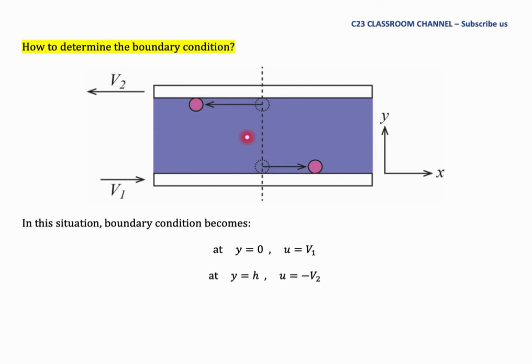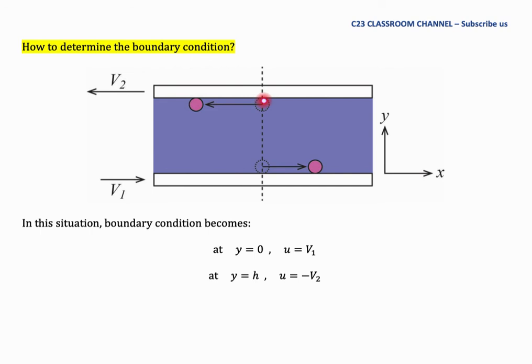So the boundary condition means we list out the conditions that occur at the boundary of the fluid. In this situation, the boundary of the fluid is at the bottom plate here and also at the top plate here. So we could write down the boundary conditions as: at y equal to 0. This is the y direction, and the location here is y equal to 0. The velocity u, the velocity of this molecule, is equal to v1 because this plate is moving with v1 velocity.